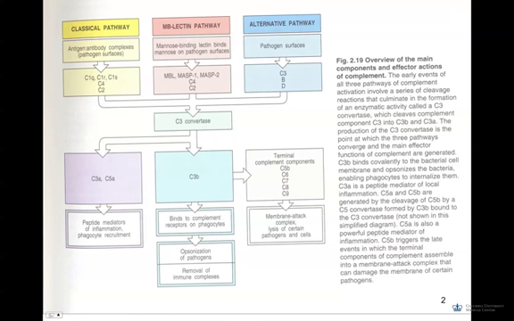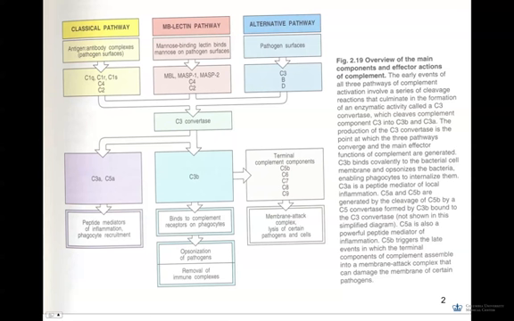These three pathways are just three different mechanisms to activate a common key complement protein, C3 convertase, because once C3 convertase is activated, you get all of the outcomes of complement. It's kind of all or none. You activate complement, then you get all of the outcomes.